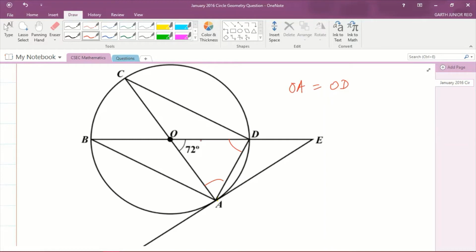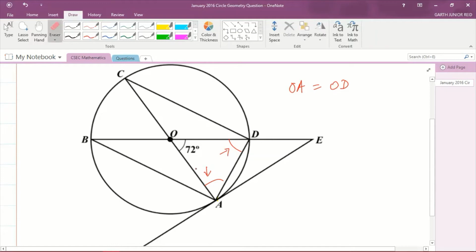And we know that when that is the case, the triangle AOD is going to be an isosceles triangle. And in the isosceles triangle, the base angles are the same. Hence, this angle is the same as that angle. Those are the base angles that we're speaking of.